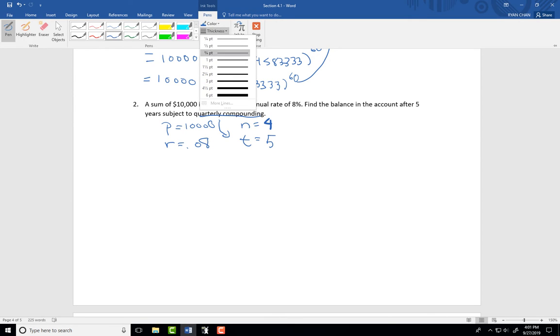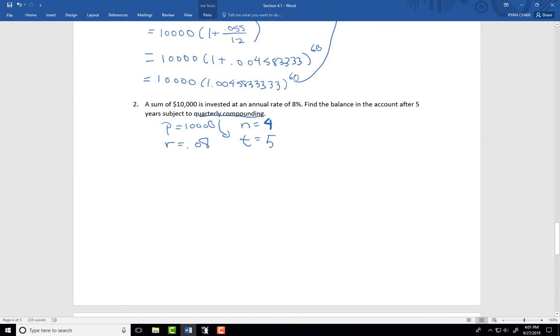So we just plug everything in. We have our formula, P times 1 plus R over N raised to the NT, or 10,000 times 1 plus 0.08 over 4 raised to the 4 times 5.